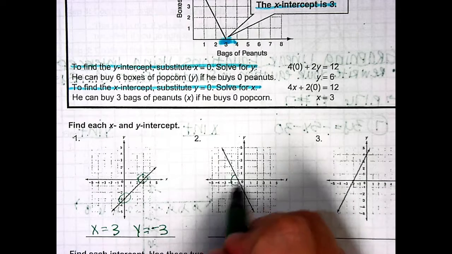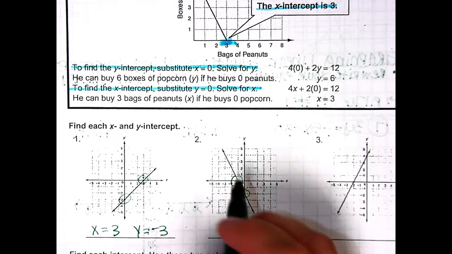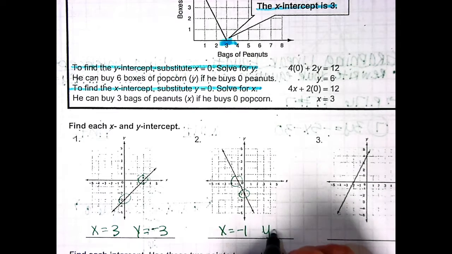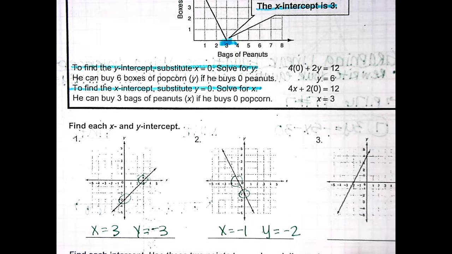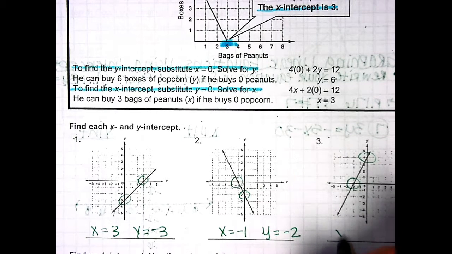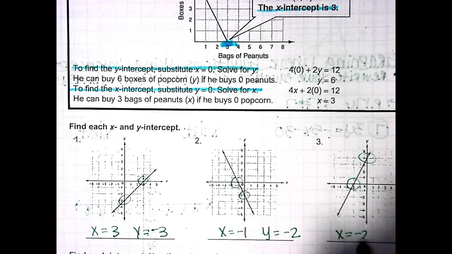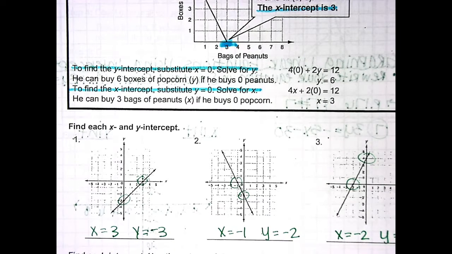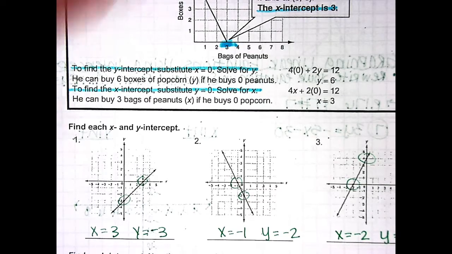For number 2, it crosses the x-axis at -1 and the y-axis at -2. For the third example, it crosses the x-axis at -2 and the y-axis at +4. So that's all there is to it when you're getting it from a graph.